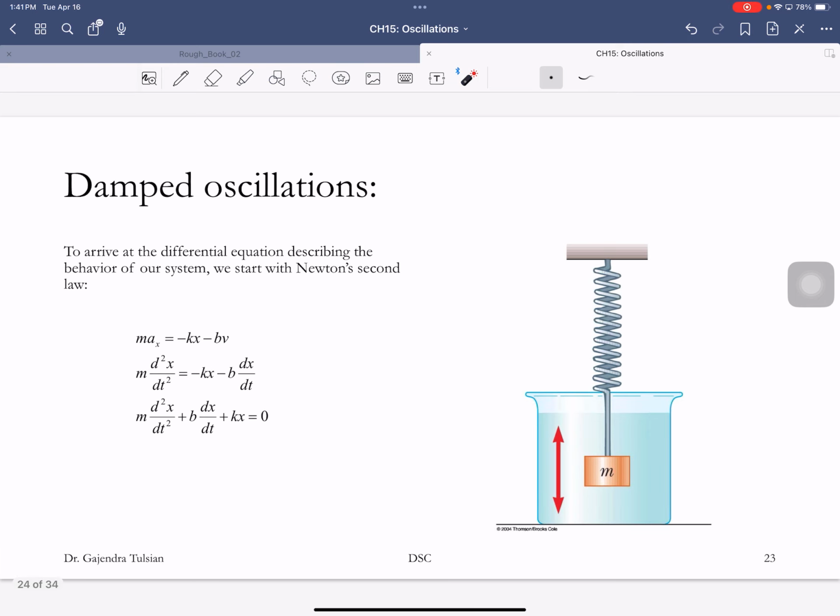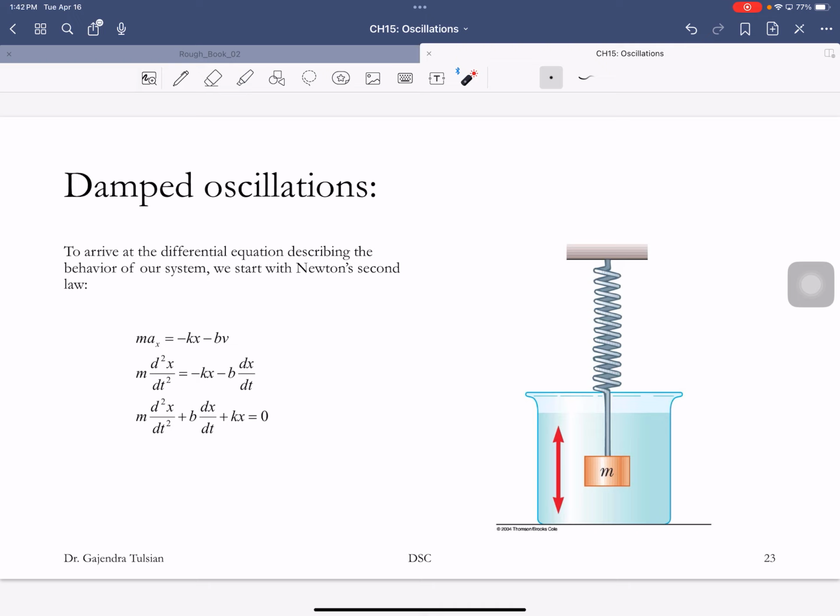There's ma, there's the force. There's the spring force, and there's the friction force. Velocity is dx by dt. Acceleration is d squared x by dt squared. Okay. And then you bring all the terms together. So here's a second order linear differential equation. Okay.